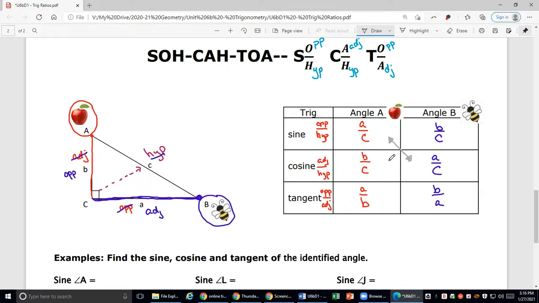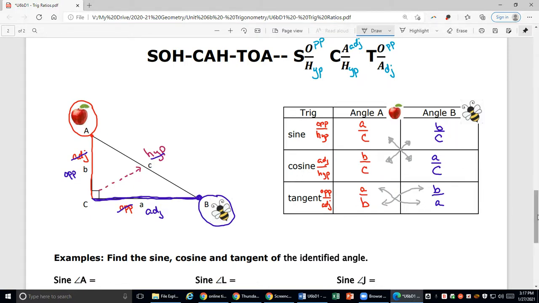So the sine of angle A is the cosine of angle B, and the cosine of angle A is the sine of angle B. And then look what happens on my tangents. They are reciprocals of each other. They're just flipped over versions of each other. That's always going to be the case no matter what.